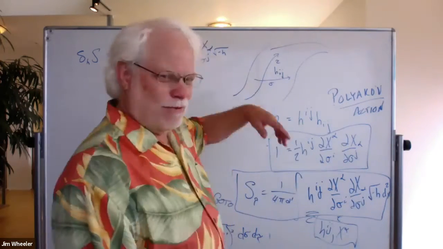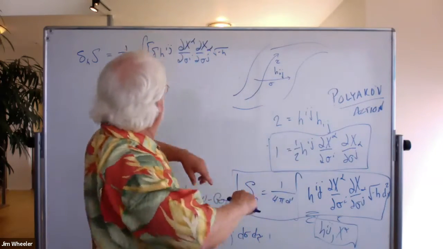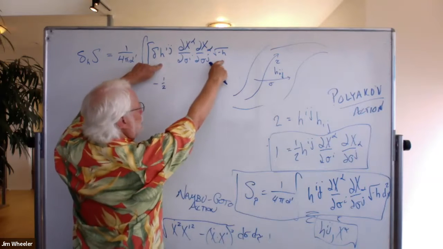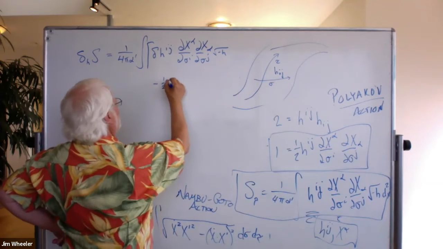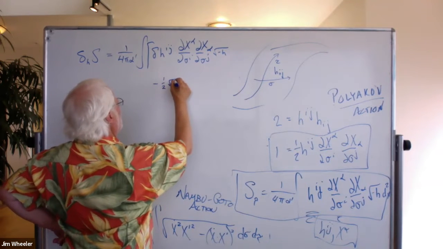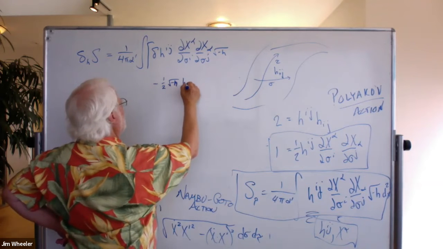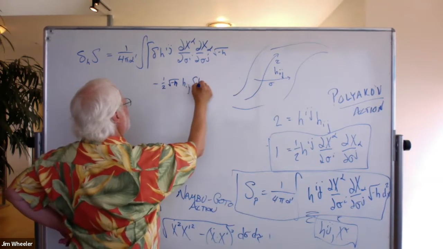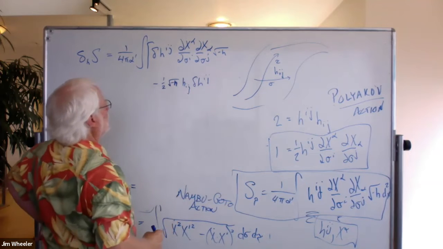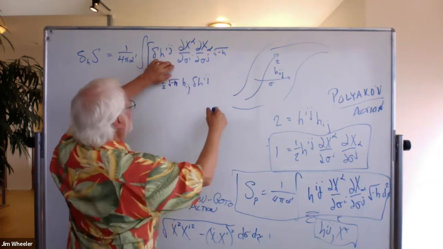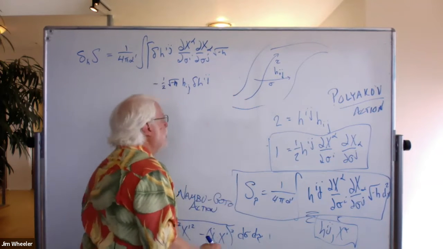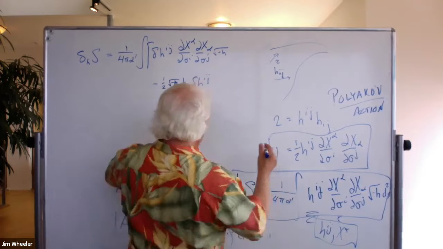So, we're varying the action here. What do we get? What happens when you vary that determinant is you get root h times h times the variation of h inverse, actually, like this. And of course, you still have all of this, which I've not left space to write.